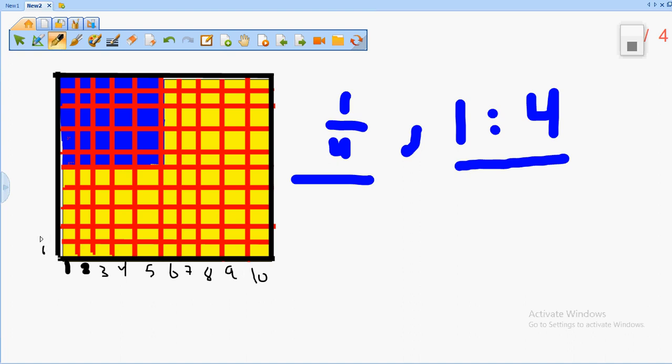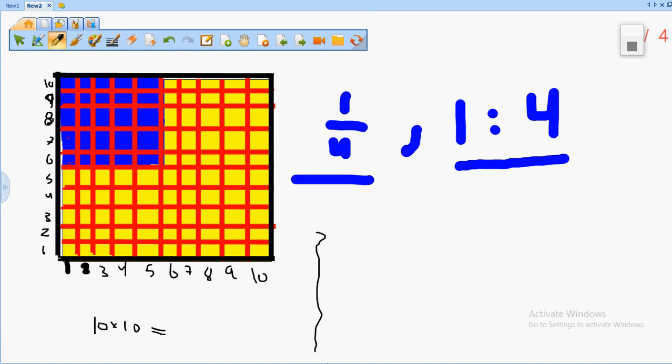Let me count the rows. 1, 2, 3, 4, 5, 6, 7, 8, 9, and 10. So now here we have a grid of 10 by 10. So it's 100, right? 10 columns by 10 rows, it's 100.